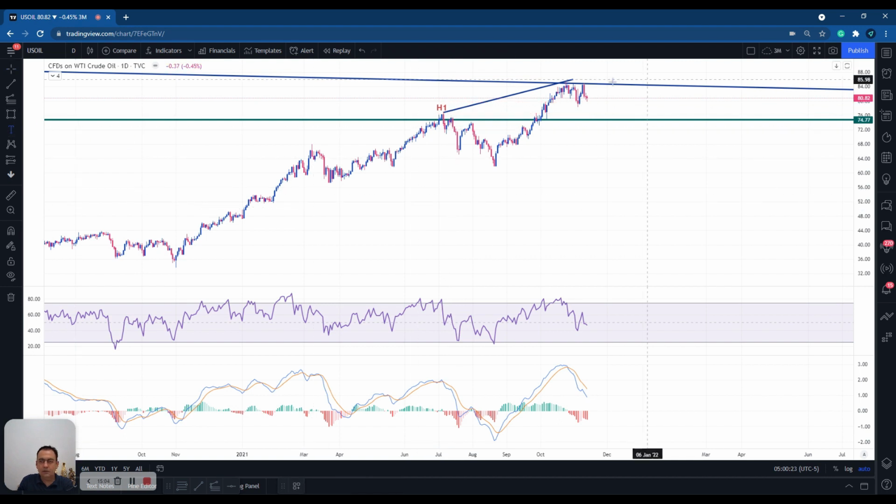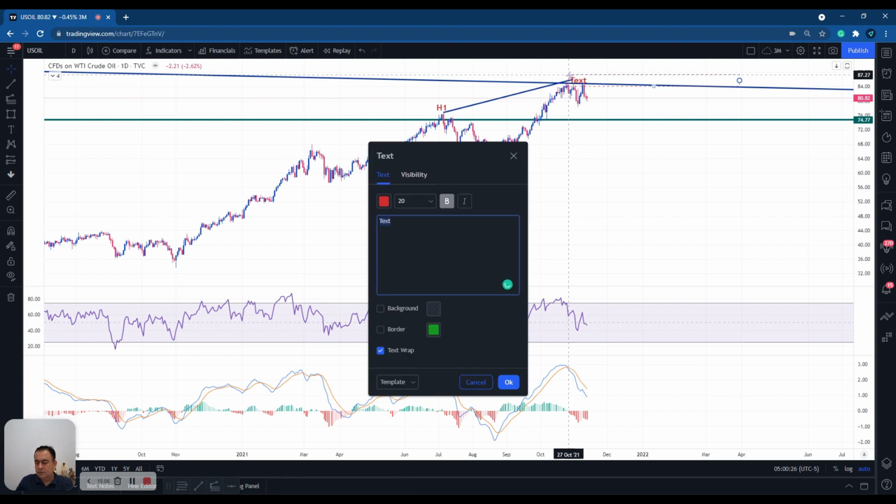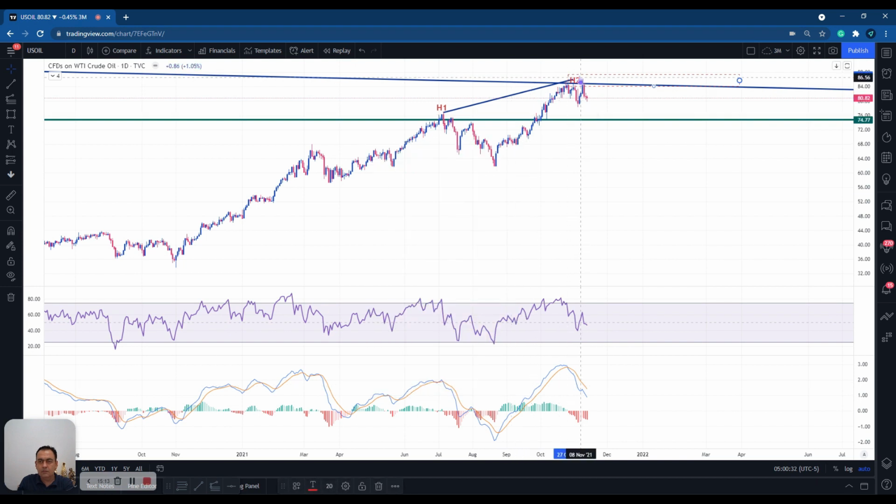Next, H2. Got it. And check the corresponding height on the MACD. It's also going high, the H1 point and H2. So there is no bearish divergence on the daily time frame.